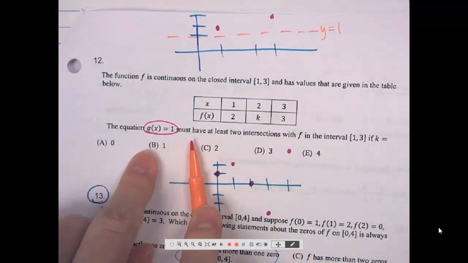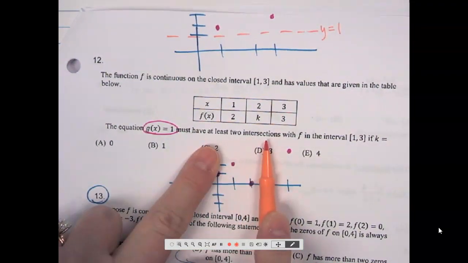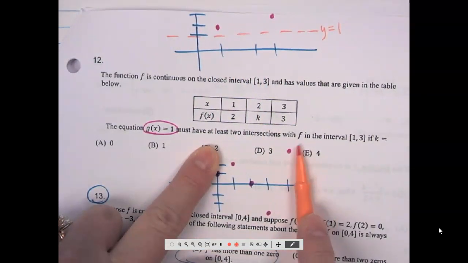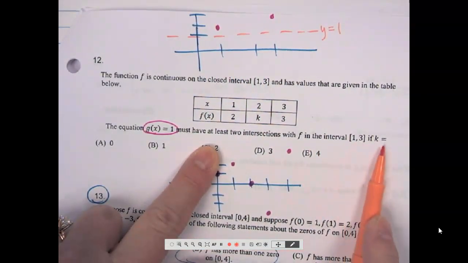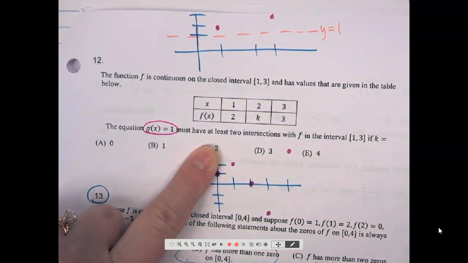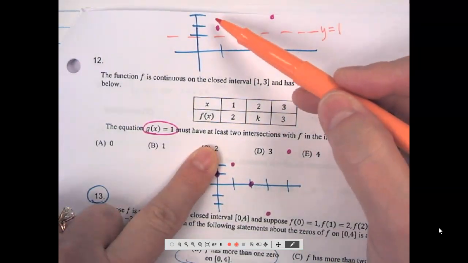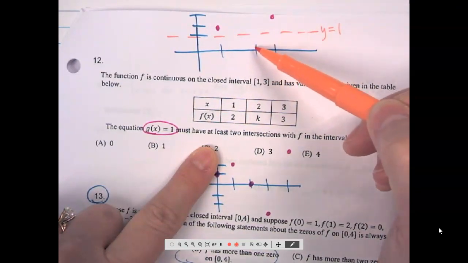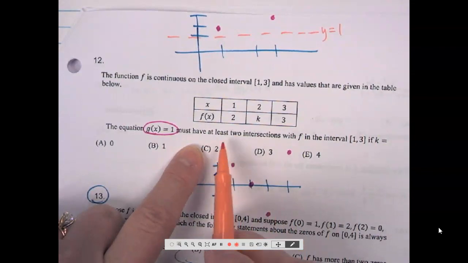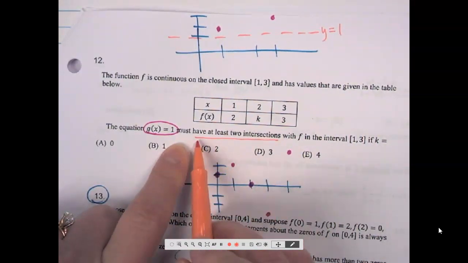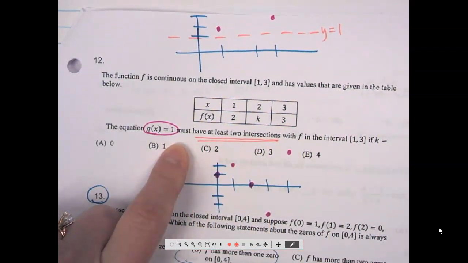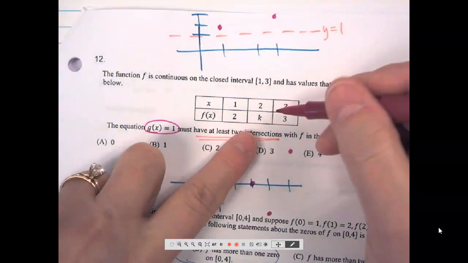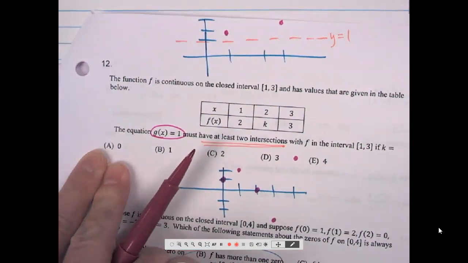Okay, the equation must have at least 2 intersections with this function that these 2 points are on in the interval 1 to 3 if k equals what? Okay, so I want a continuous function that contains these 2 points plus some other point when x is 2, but I want it to go through that line at least twice. Okay, so let's test them out. What if my ordered pair was 2, 0?